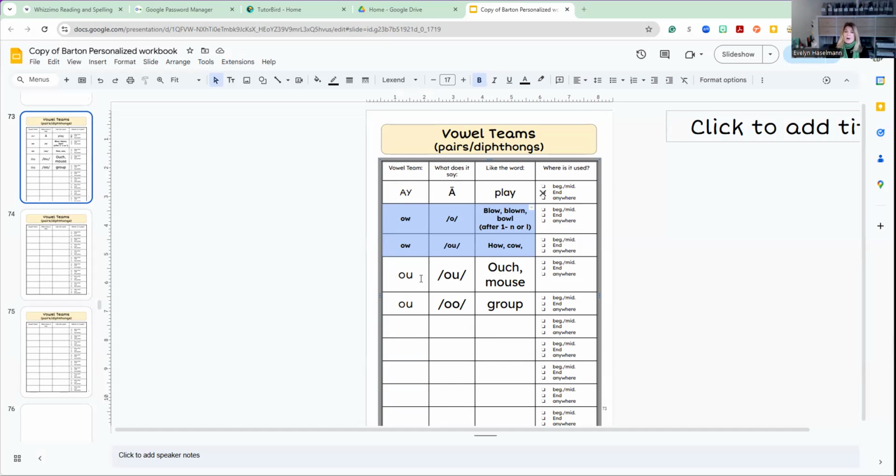And we have ow, OU as in ouch or mouse, and we have OU that says oo as in group. So this is where I would write them down, and this is kind of the way that I would take notes on them. And then I would also add counter to the prefix page too.